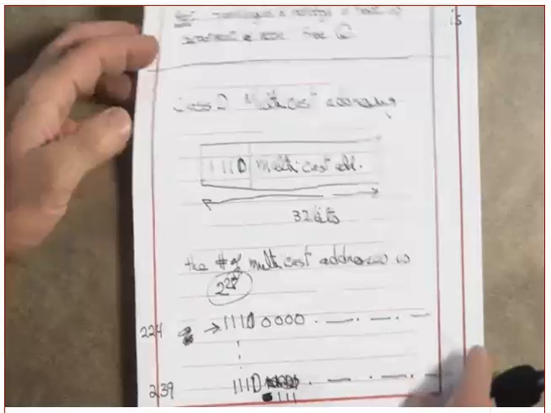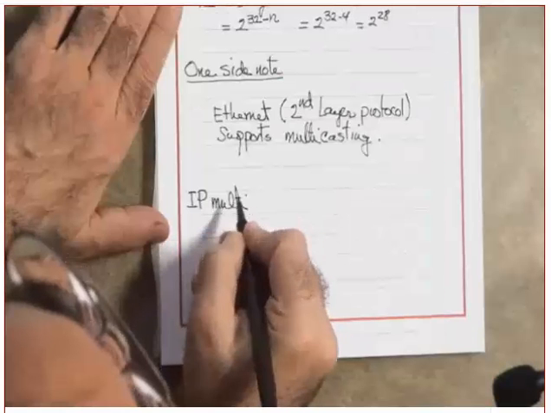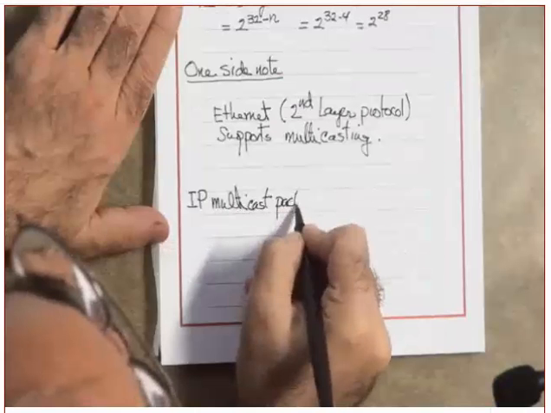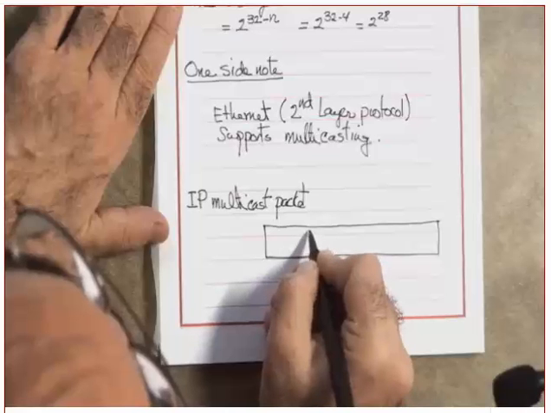Ethernet multi... I cannot spend too much time on this, so if you are not getting it, read on your own. Ethernet multicast address consists of the first 23 bits, the IP multicast address, which means what?